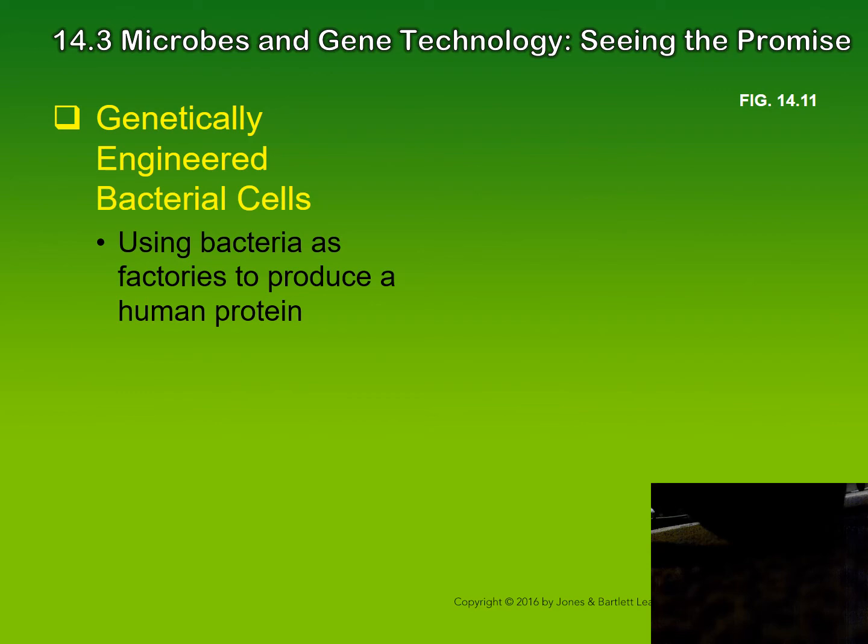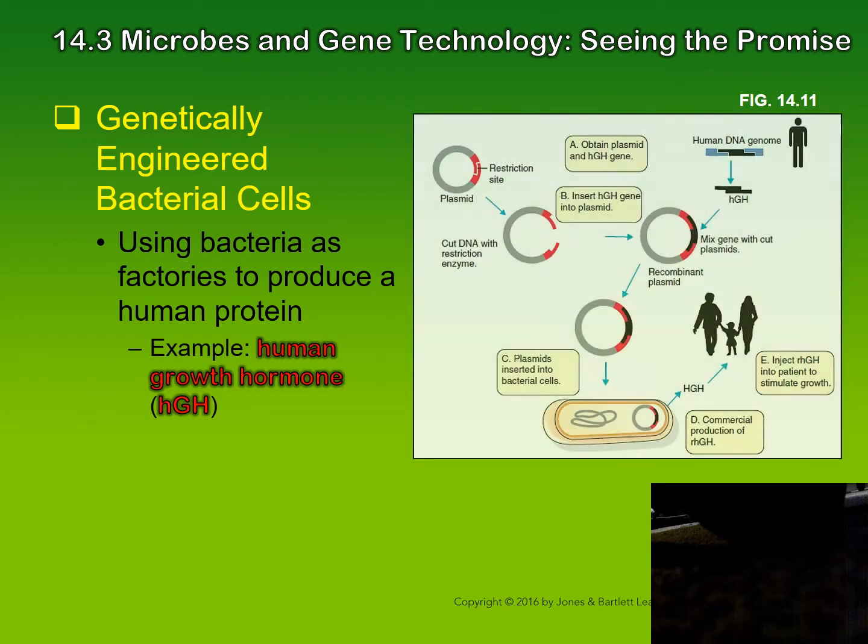Human growth hormone, HGH, is one example of that. Since human growth hormone is a peptide, having a bacteria produce it is among one of the best ways to do it.